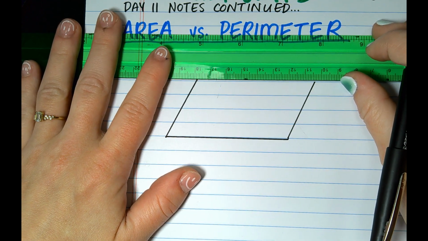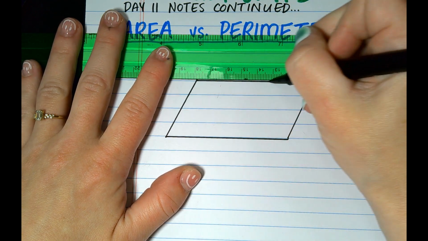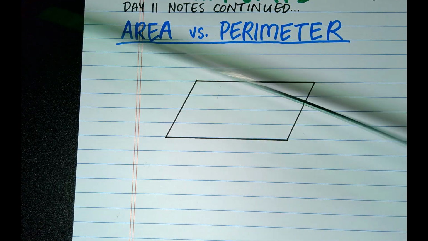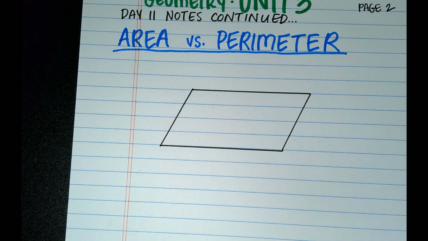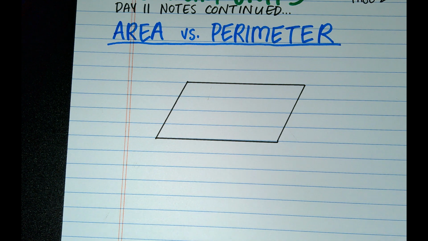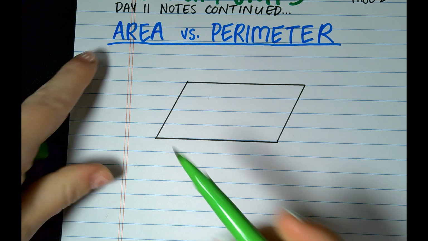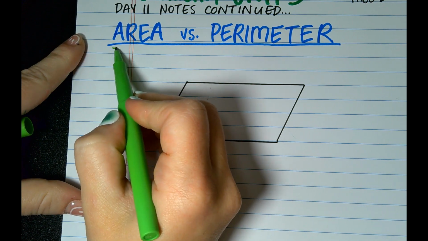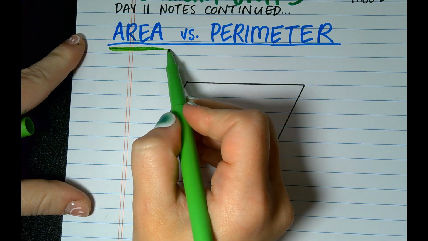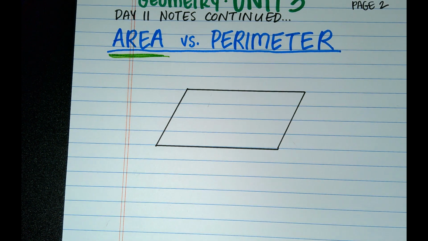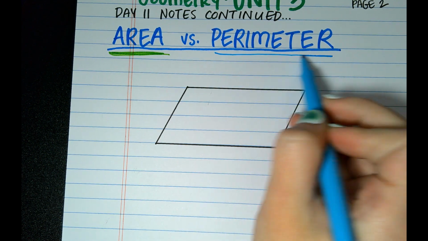And it doesn't have to be perfect. You can do this with any other shape, really. So area, I'll use green, and perimeter, I'll use light blue.